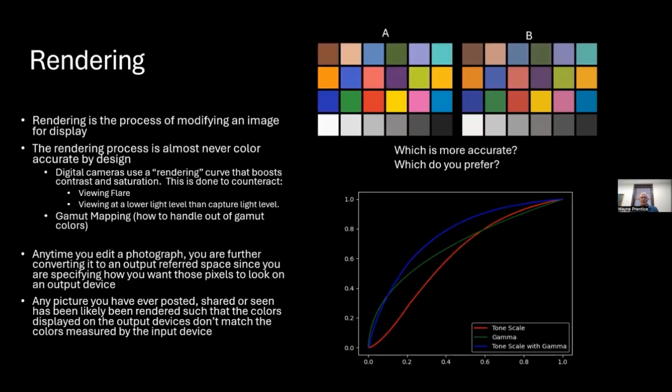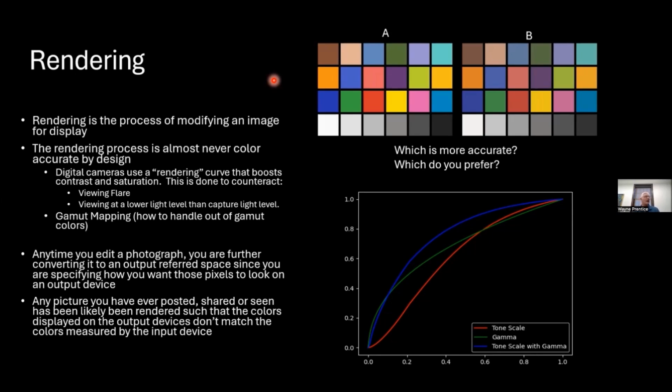But let's just zoom in on one important point. Here's A and here's B, and for those who are familiar with Macbeth color checkers, depending upon your viewing environment, which of those two looks more accurate and which of those two looks better? Right. So the one on the right, B, is exactly the code values defined by X-Rite for what their color checker should be.